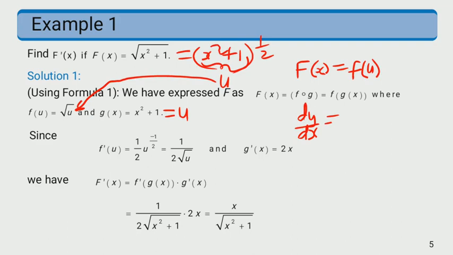you take your function, you find f prime with respect to g or u, but now multiply that with g being derived with respect to x. So we take our f, we derive with respect to u. Remember f of u is nothing but u to the power half.